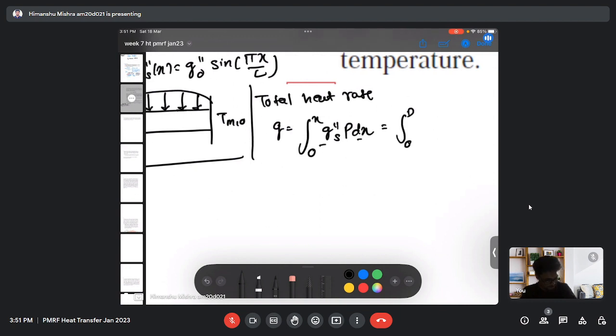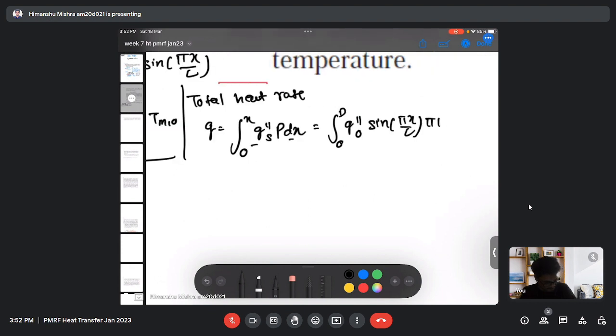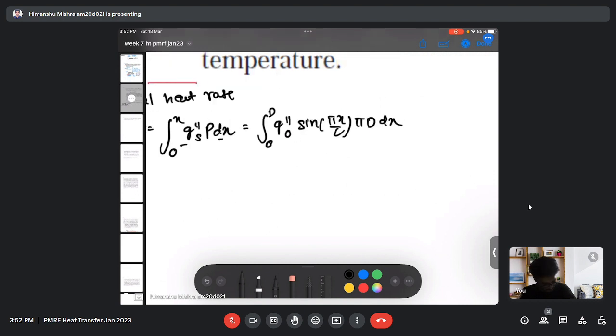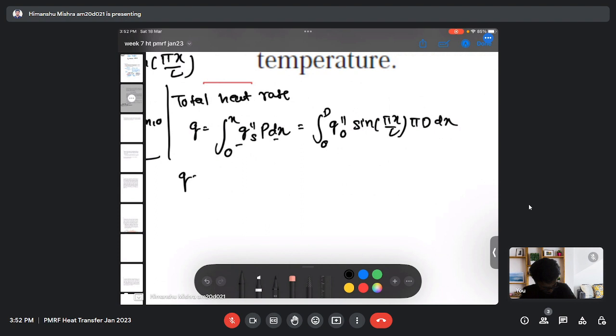So I'm integrating from 0 to L. And my perimeter is pi d. q naught is the constant, so I'm keeping it outside.